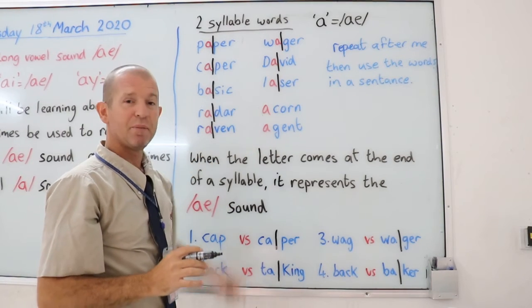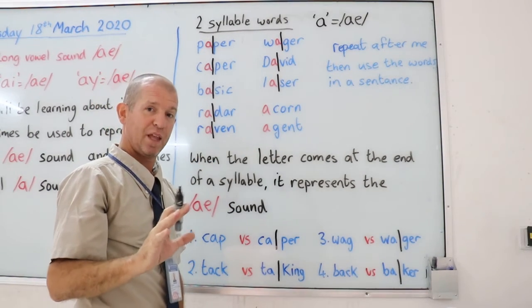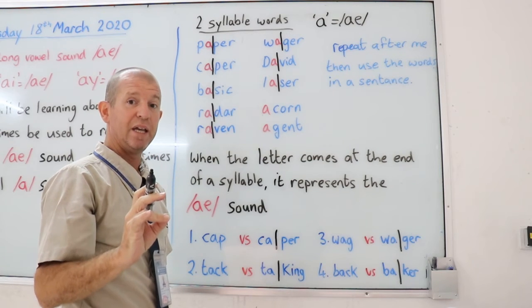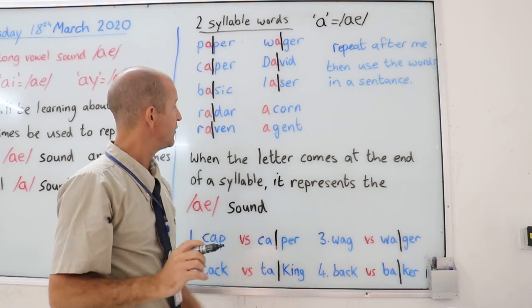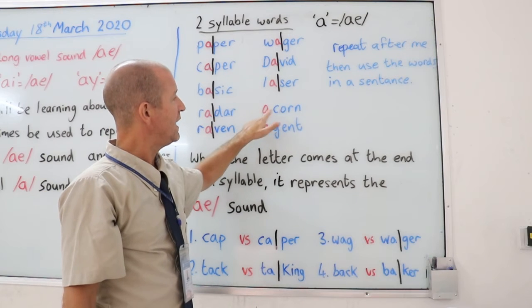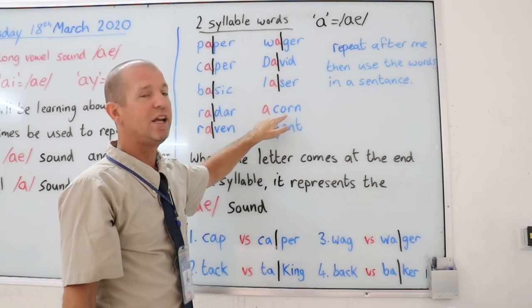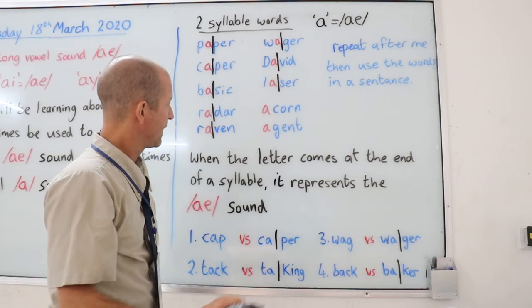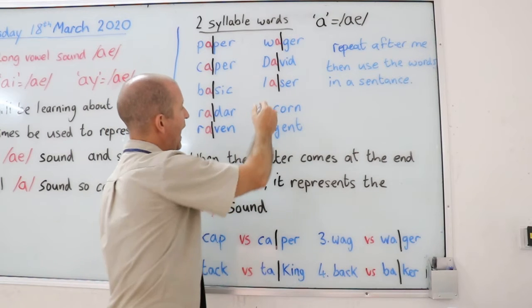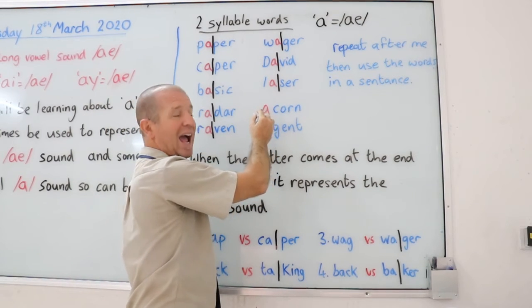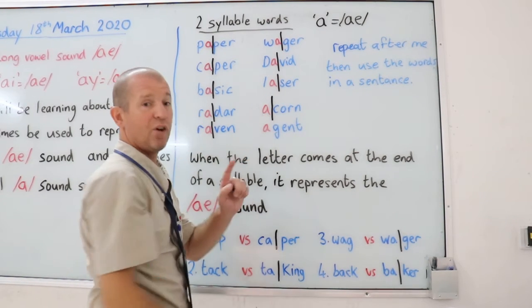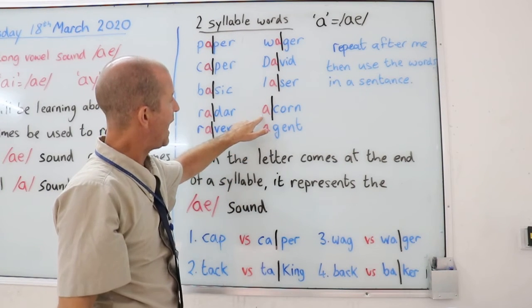Okay, now a little change. Because the A is at the beginning of the word. However, if you listen to how the word is said and repeat after me, you'll understand why, and I'll explain it to you. Acorn, acorn, acorn. Good. So now you see that A changes from an A sound to an A sound because it is at the end of the first syllable.